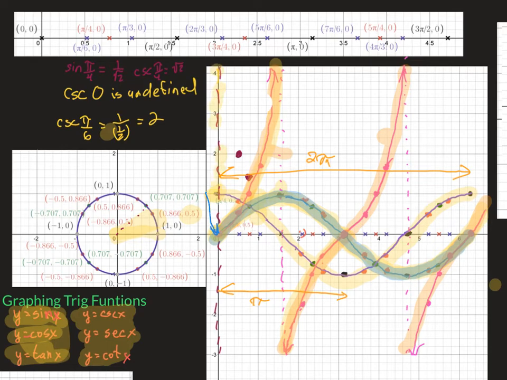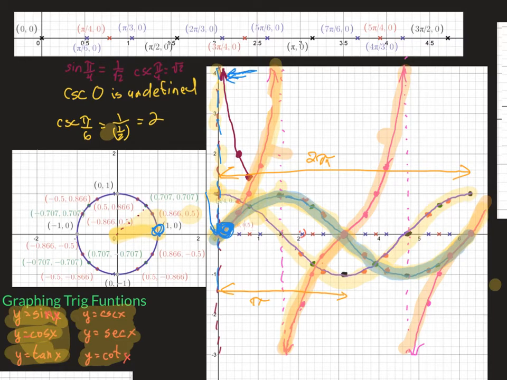But when it's just a little bit bigger than 0, like at an angle of 0.00001, well, the sine is a very, very small number, so 1 over a very small number is a very, very large number. So we know it's going to approach infinity there. It's going to be an asymptote. We've seen a lot of those in our time, and it's going to come down like this. And as sine gets bigger, the reciprocal gets smaller.